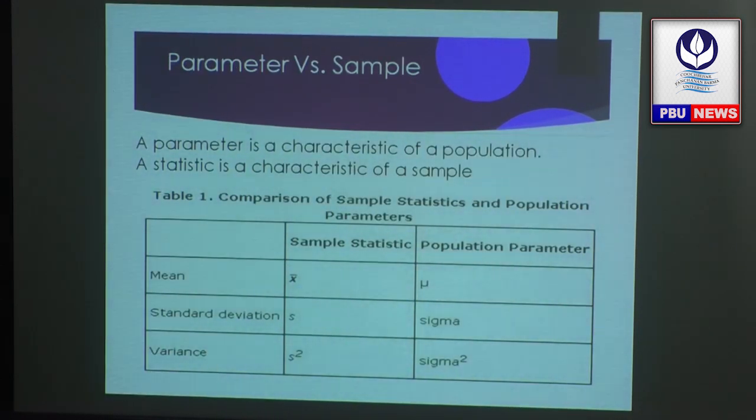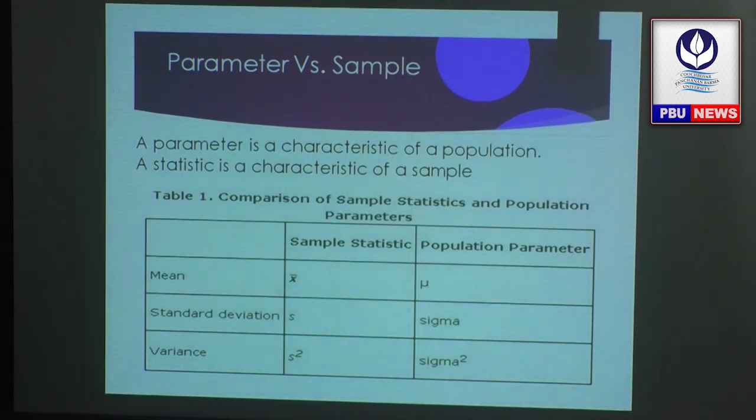Next, what is parameter and sample statistics? A parameter is a statistic of a population, or a characteristic of the population. A statistic is a characteristic of a sample. That means, suppose population mean, population standard deviation, population variance.